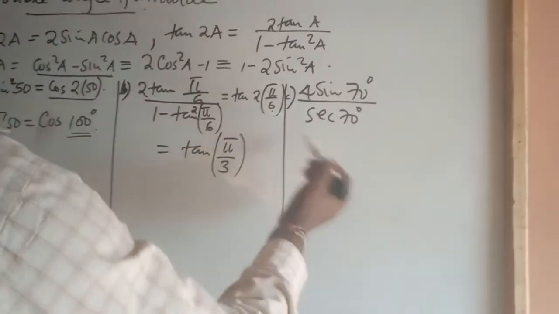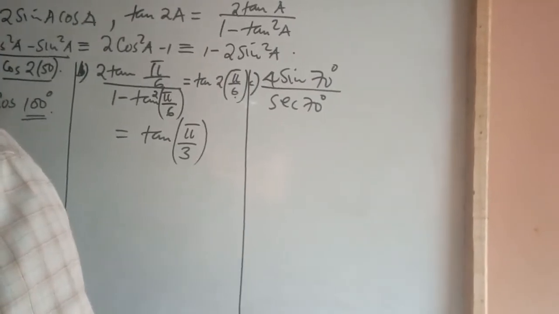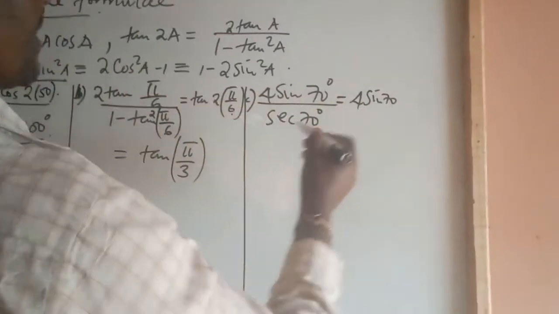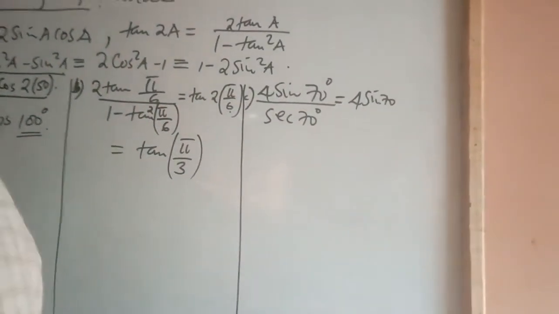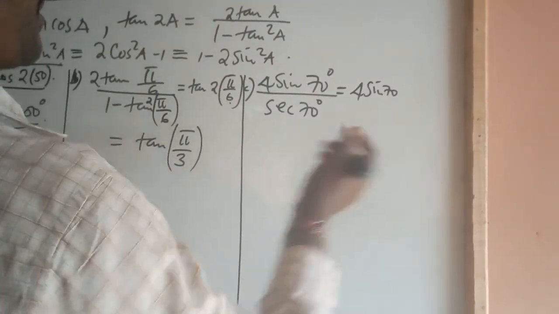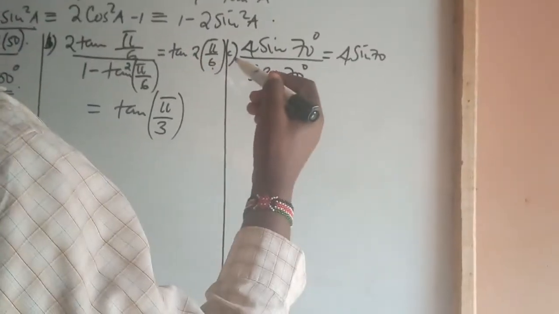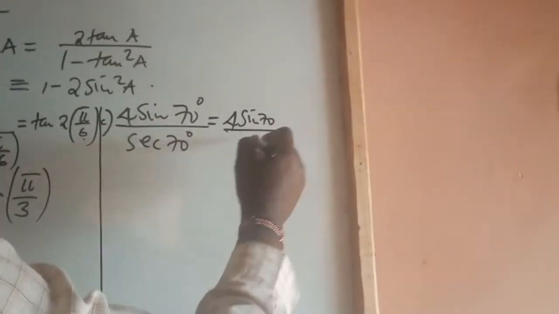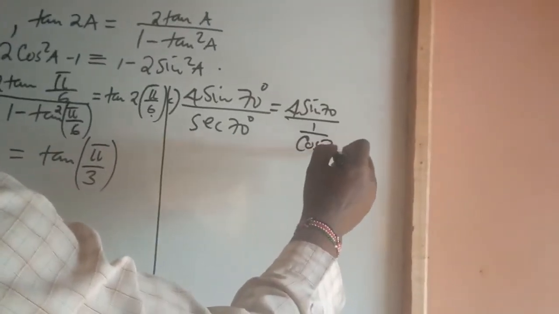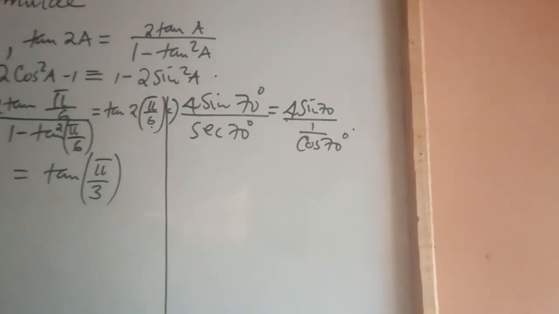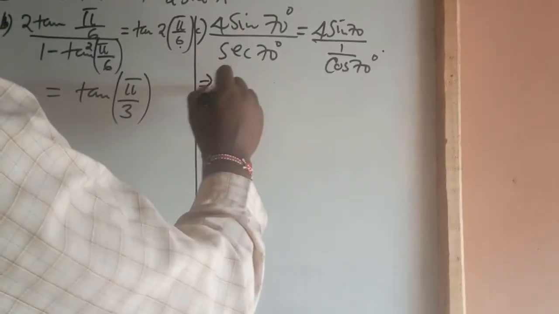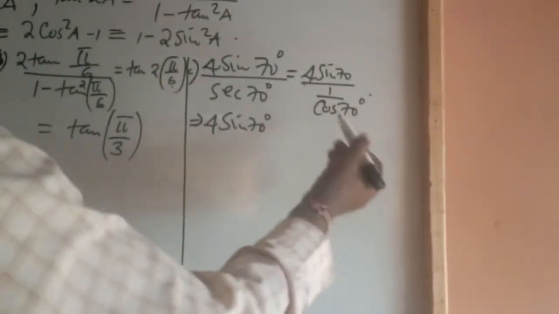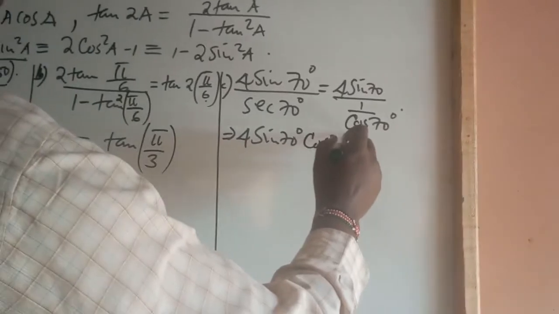We have worked with sec 70 before, and we can rewrite this as 4 sine 70 divided by sec of 70, which means divided by 1 over the cosine of 70 degrees. If you divide by a fraction, this is the same as saying 4 sine 70 degrees, you multiply by the reciprocal, which is the cosine of 70 degrees.